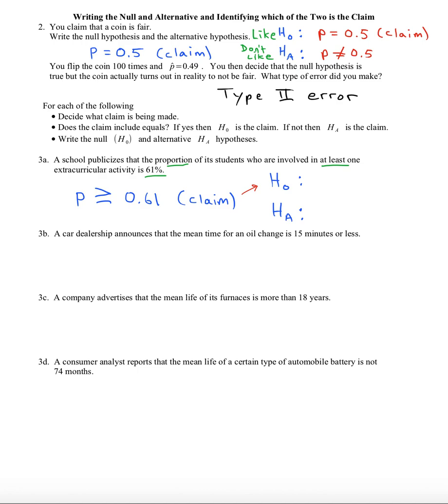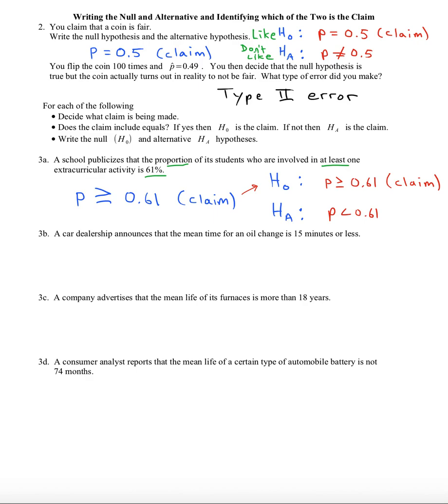So it is going to be H0. And you always want to write claim next to it in the hypothesis, because later we'll have to make a decision about the claim.